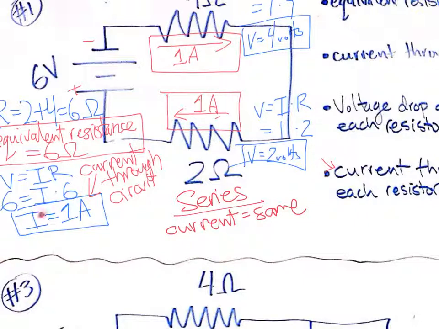Those were the same as the total current through the circuit because the current had to pass through both. And because of that, the voltage was the thing that was split between the two, meaning the 6 volts, part of it was used up here, part of it was used up here. 2 volts plus 4 volts equals 6 volts. Aha! Okay, so I think this is going to be really helpful. You might want to write that down in your notes, okay?